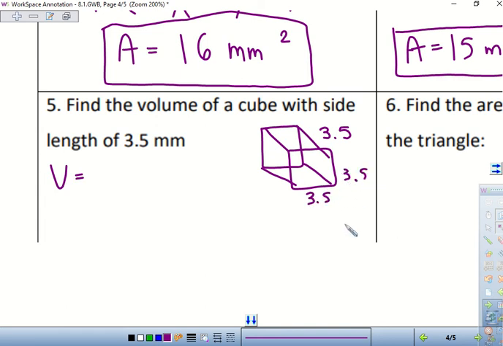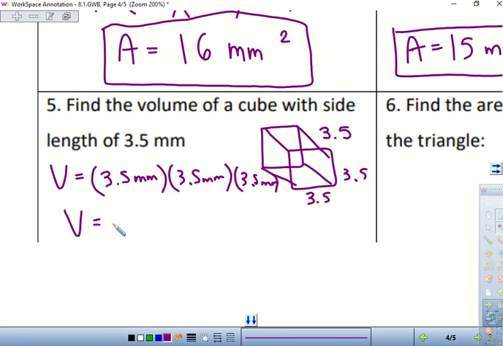So they're all 3.5. Length, width, and height are all 3.5, right? So 3.5 millimeters times 3.5 millimeters times 3.5 millimeters. Volume is equal to that. So you basically just multiply it 3 times. Whenever you have a cube or square, those two have all the same units.